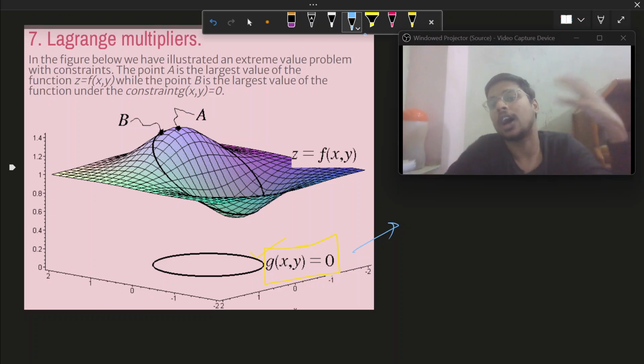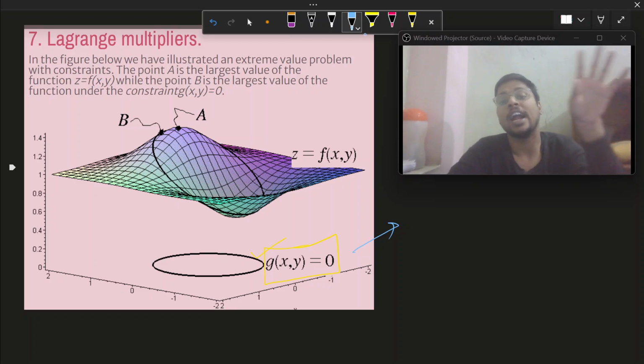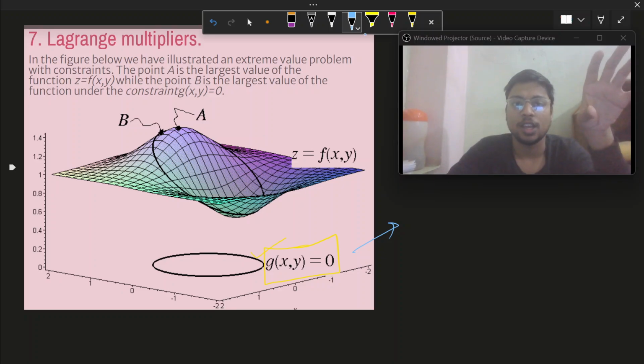So how are we able to check at the boundary of that given constraint? We can't do it.